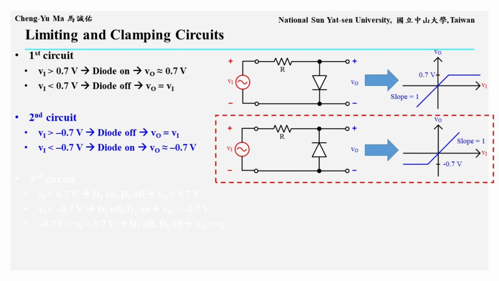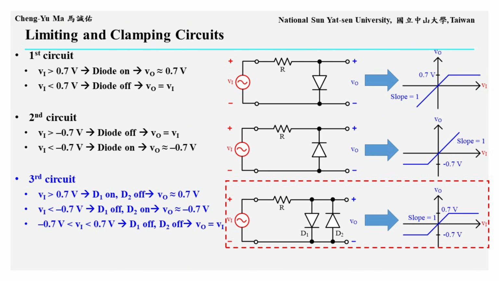When Vi is greater than negative 0.7 volts, meaning it is more positive than negative 0.7 volts, the diode is reverse biased and behaves like an open circuit, so VO equals Vi. From the transfer characteristic on the right, we can see that the negative voltage of the signal is clipped at about negative 0.7 volts.